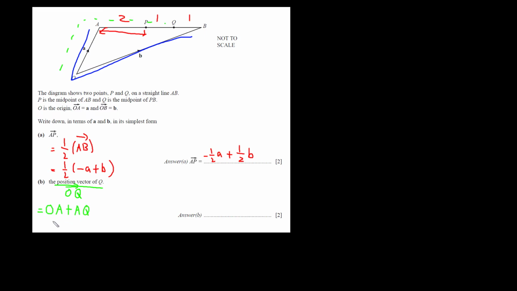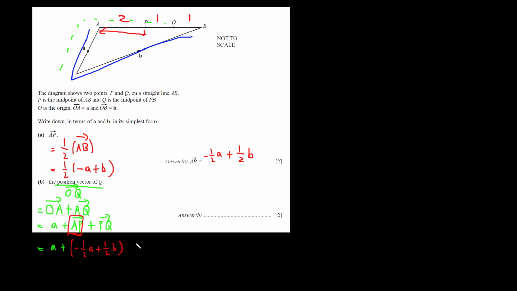Now we can further break this down. OA is actually positive A. Plus A to Q, which is a breakdown of A to P plus P to Q. Now for us to further break this into a vector, A plus AP, we've already gotten the answer just now, negative half A plus half B. This is AP, right?